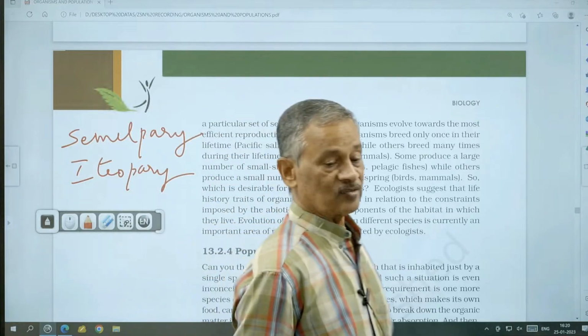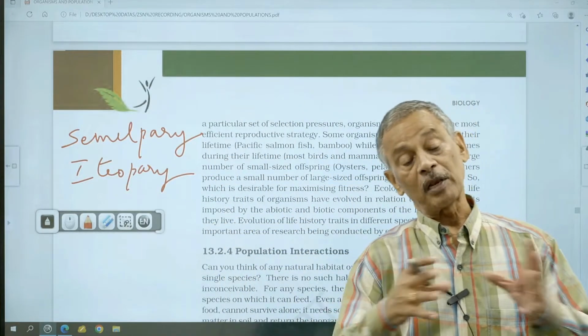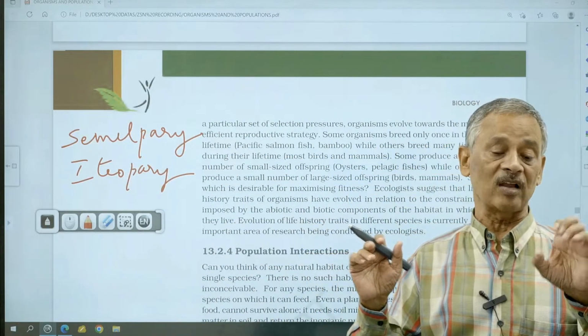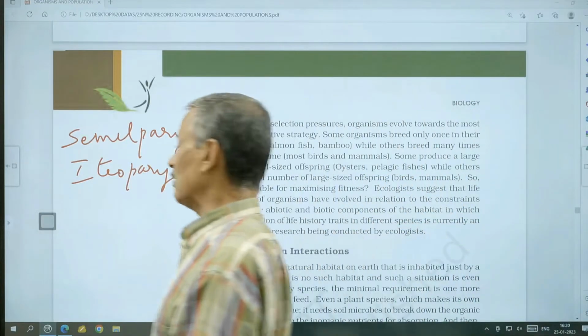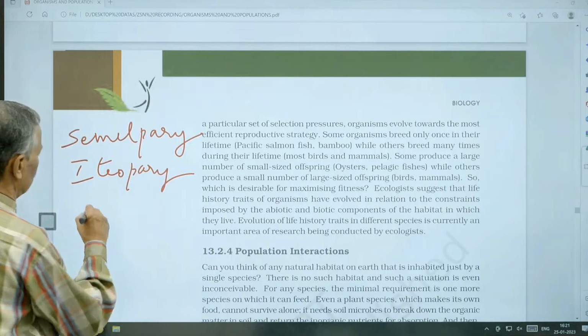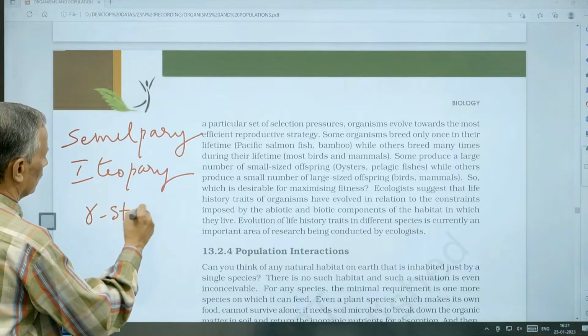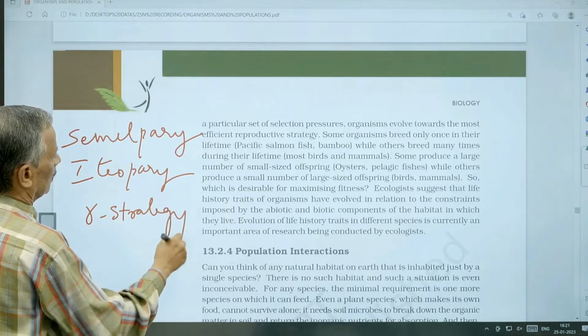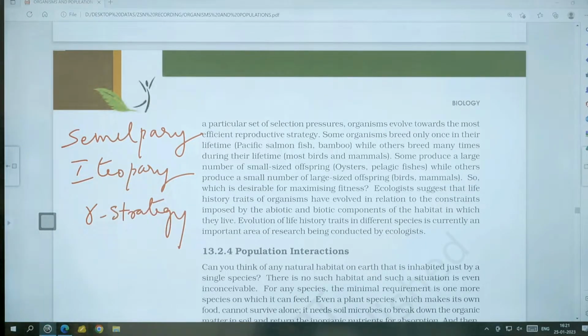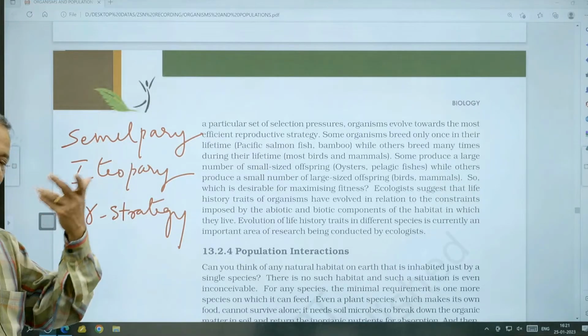Some organisms will produce a very large number of small sized young ones. That is, they use the r strategy. They produce a very large number of small young ones so that at least a few of them will reach the adult stage. Others will die.